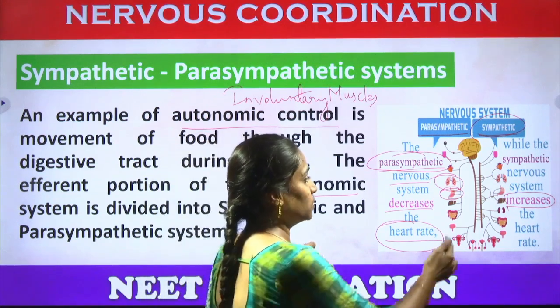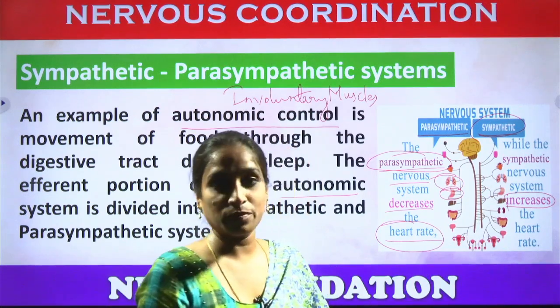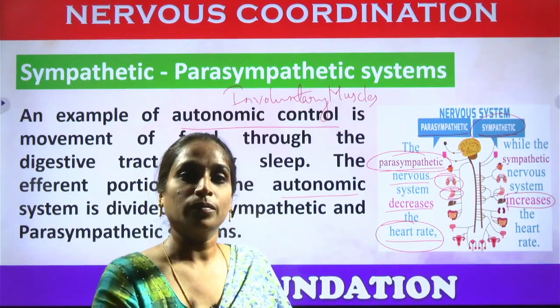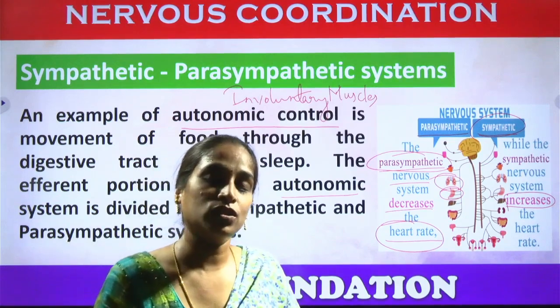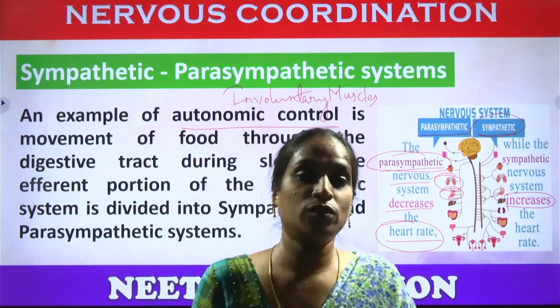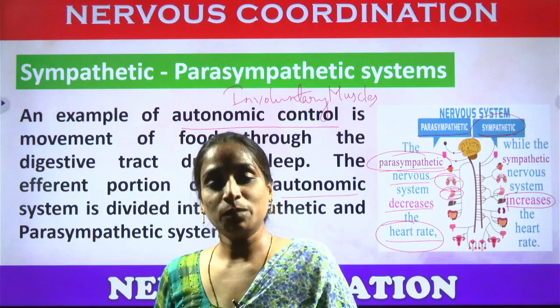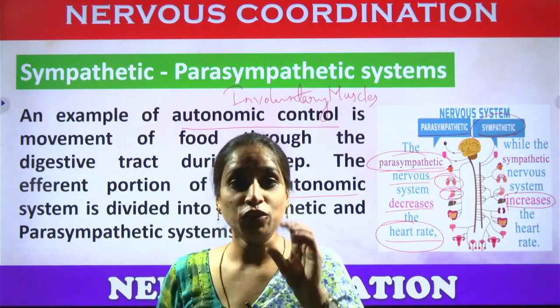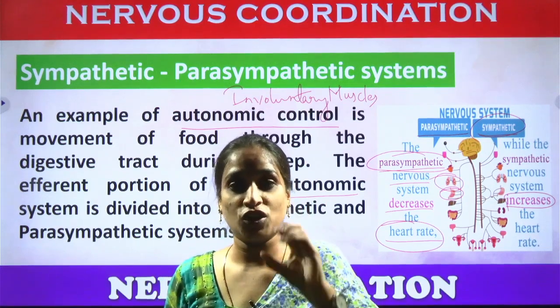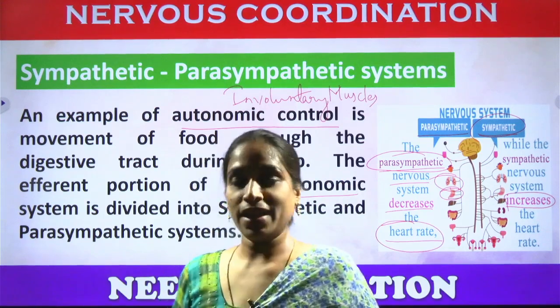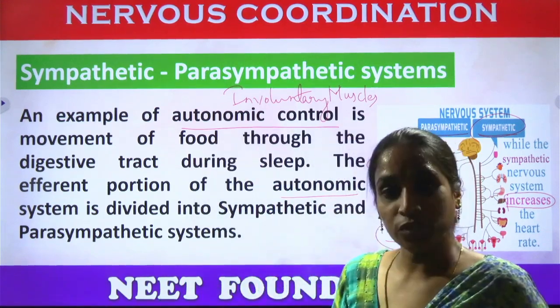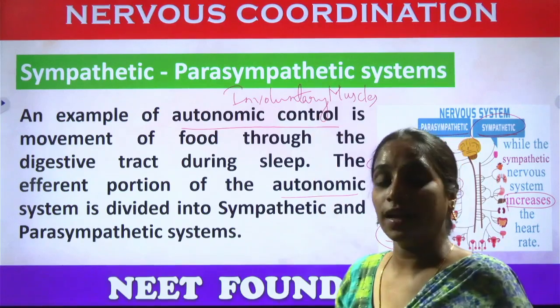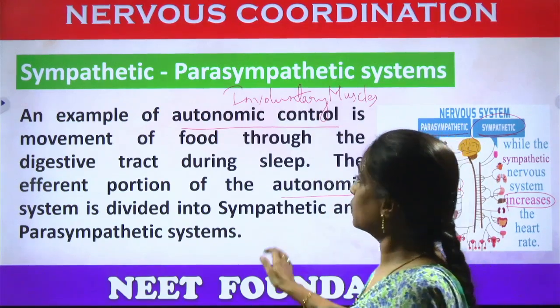In the same way, we can observe other organs' muscles moving substances, whether liquids, solids or gases, from one place to another with the help of involuntary actions, one for contraction and one for relaxation. Hope you all understood, dears, the relation between the sympathetic and parasympathetic nervous systems.